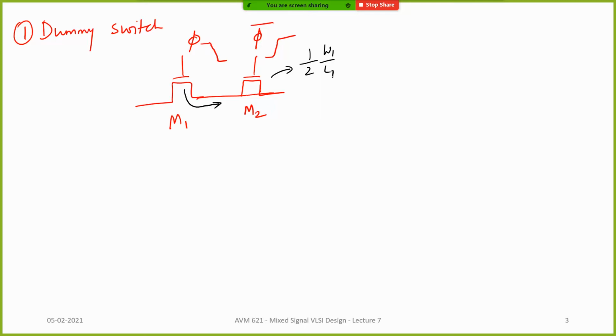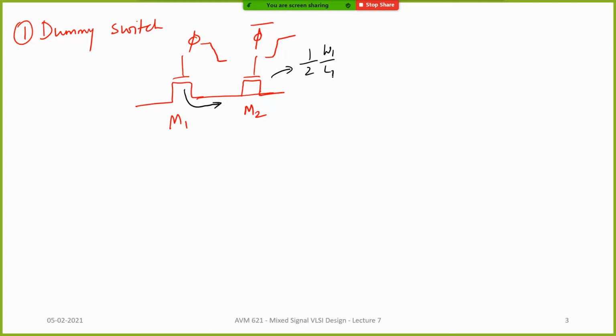Okay. To a first order, if you assume half of the charge is getting thrown out of M1 in this direction, if you make this transistor have half the W by L, right? And at the same time, there are so many assumptions here.